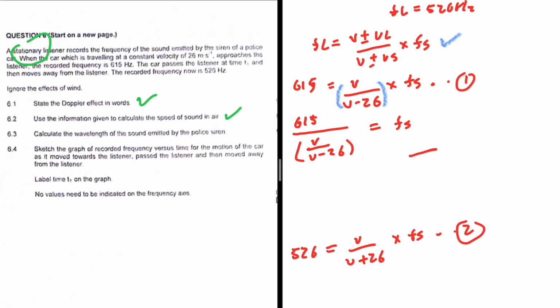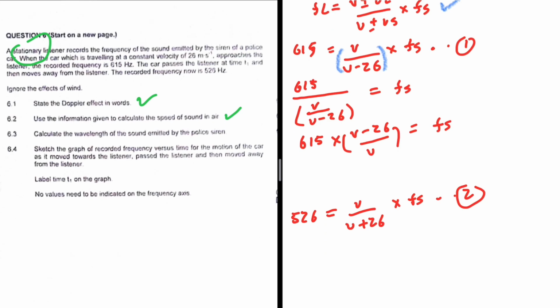Dividing by A divided by B is the same as multiplying by B over A. So we can apply that idea to get over that hurdle. So 615 multiplied by V minus 26, divided by V. We can write it like this instead, and this is Fs.